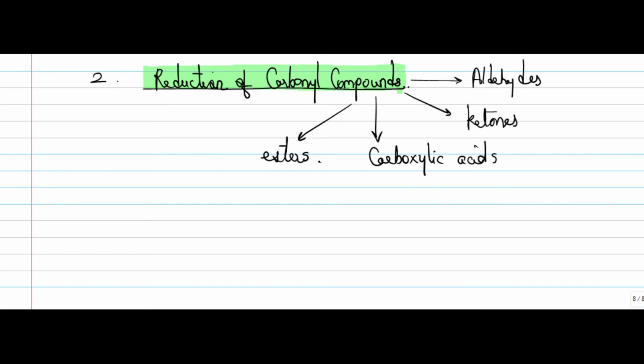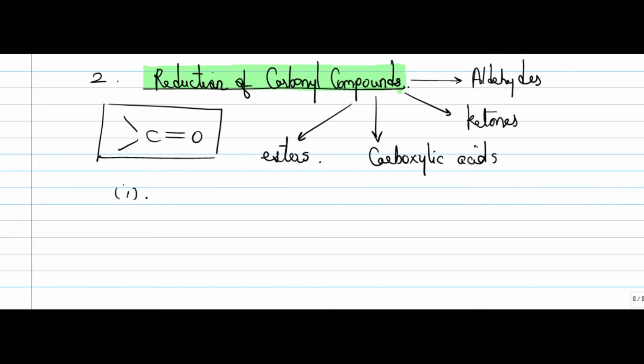These are some of the important carbonyl compounds which are used for making alcohols by reduction. Any compound which has this group in it, right, this is a carbonyl group, and a compound having this group in it would be called a carbonyl compound. So now let us first of all understand the reduction of aldehydes and ketones.